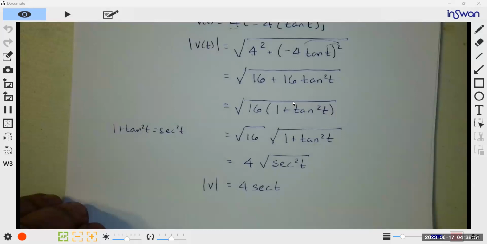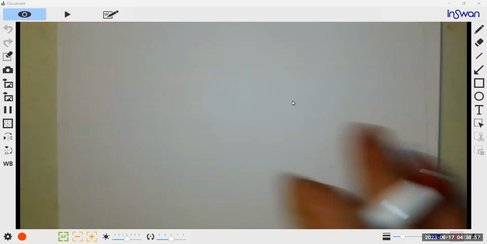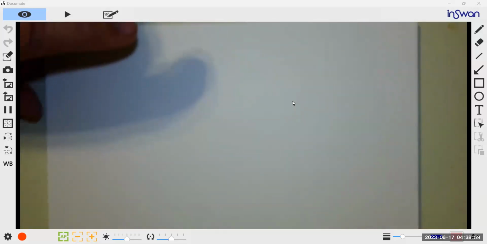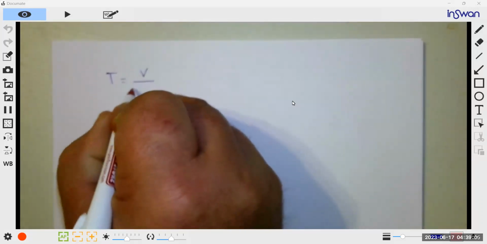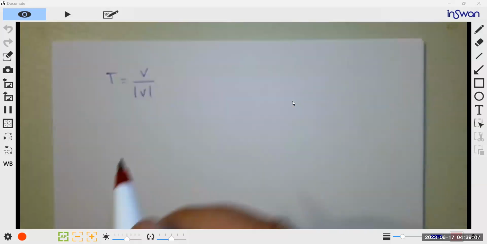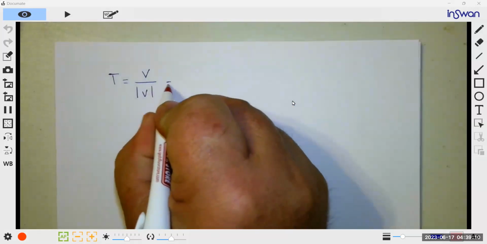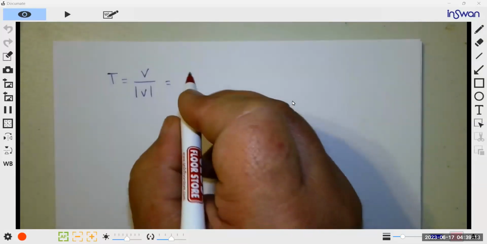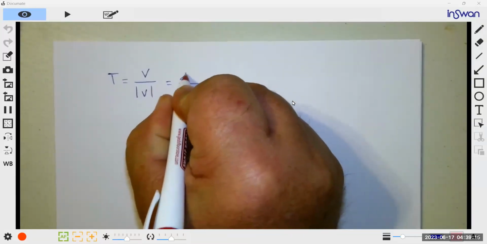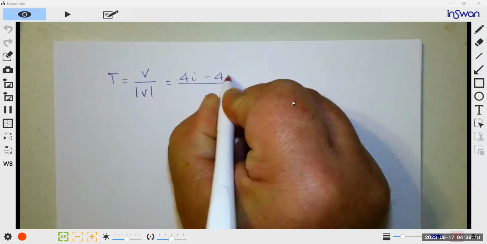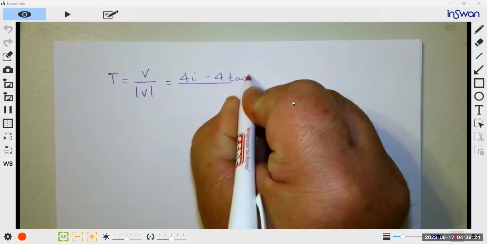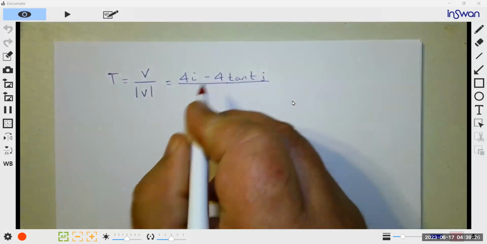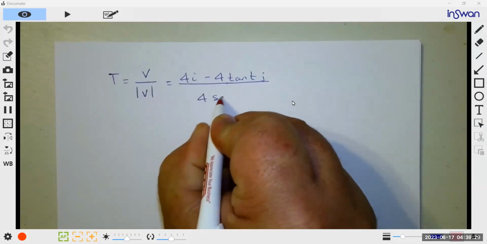All right, so from here, we can now find T. T is equal to 4i minus 4 tangent t j, all over 4 secant t.